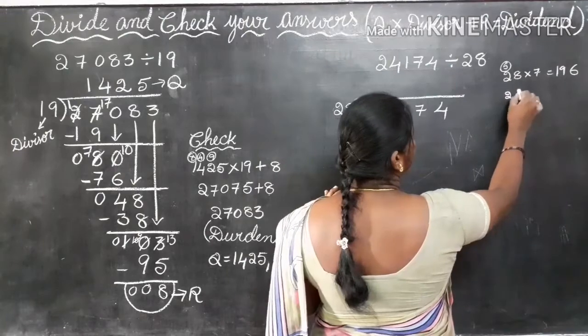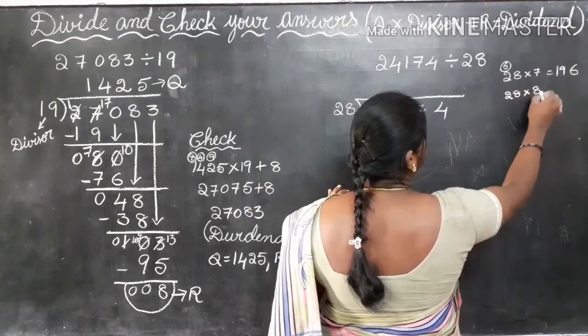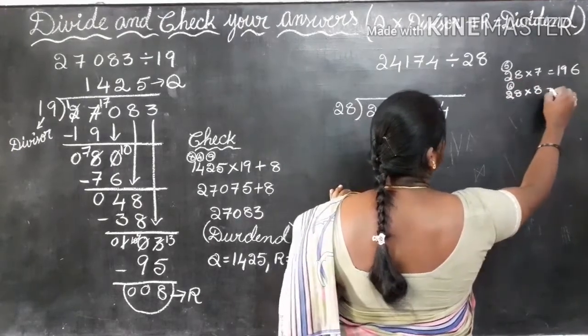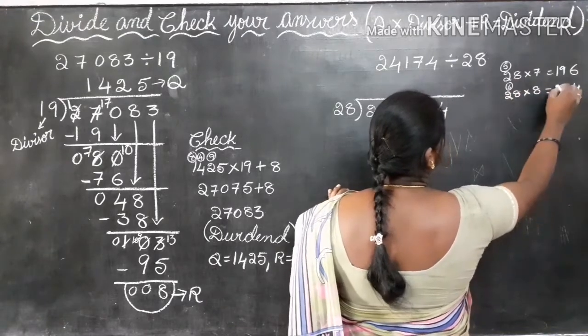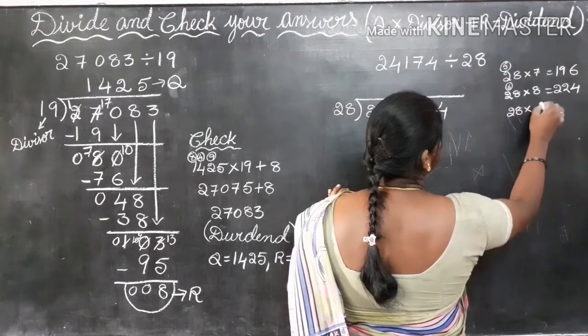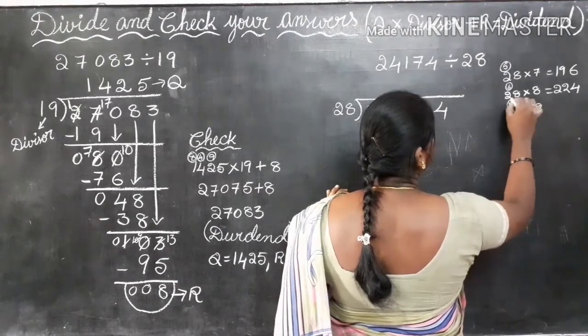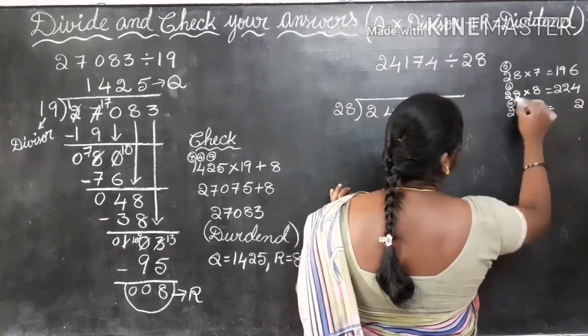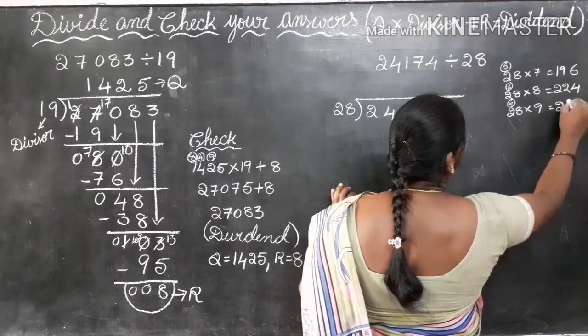Again 28 8s: 8 8s are 64. 8 2s are 16 plus 6, 22. So 224. 28 9s: 9 8s are 72. 9 2s are 18 plus 7, 25.